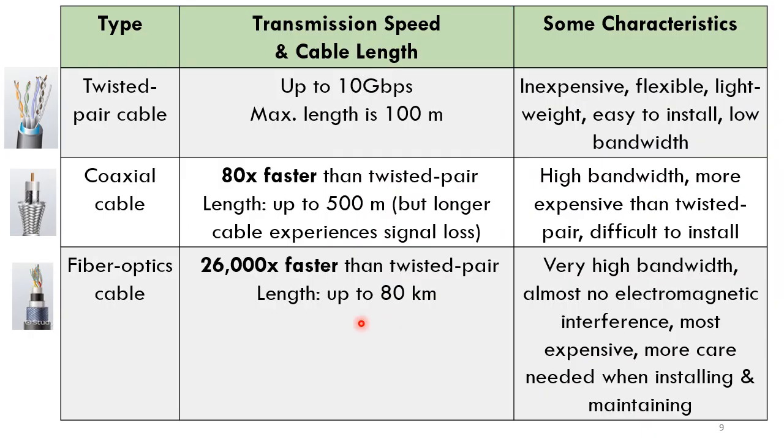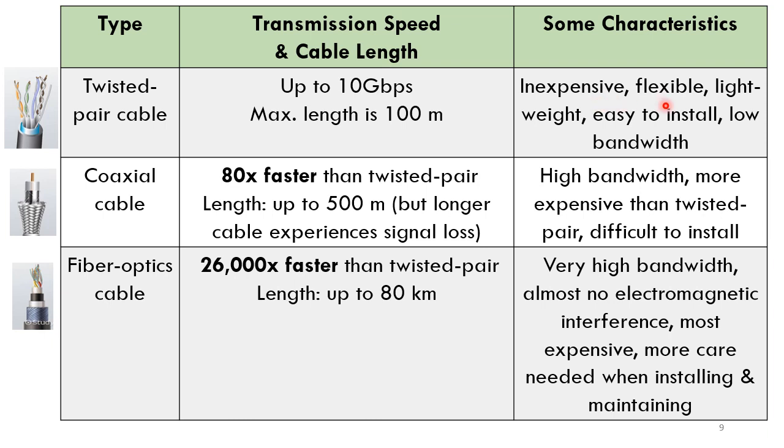This table here compares the three wired connections that you have seen earlier. So let us look at them again. The first one, twisted pair cable. The transmission speed of twisted pair cable will be up to 10 gigabits per second, and the maximum length for the cable is up to 100 meters. Now, why are people still using twisted pair cable? Well, you can see the characteristics here.